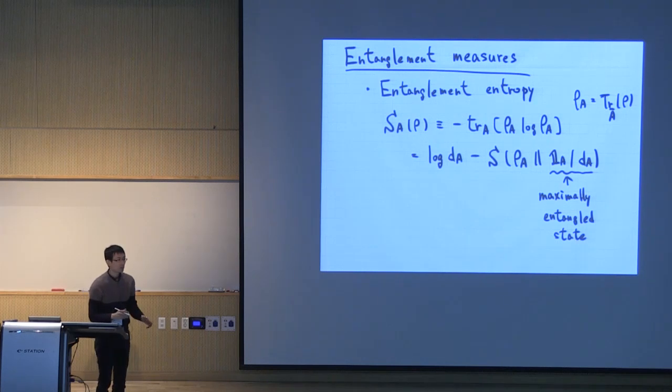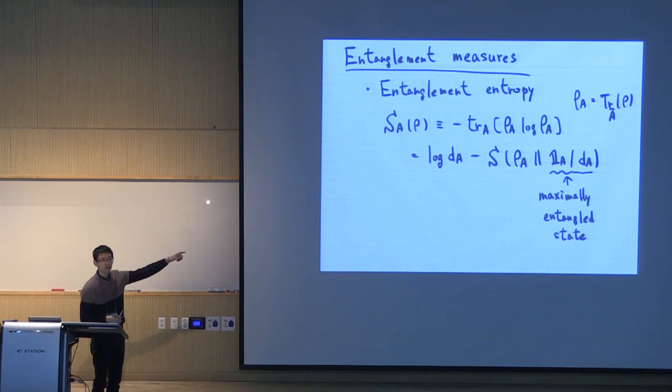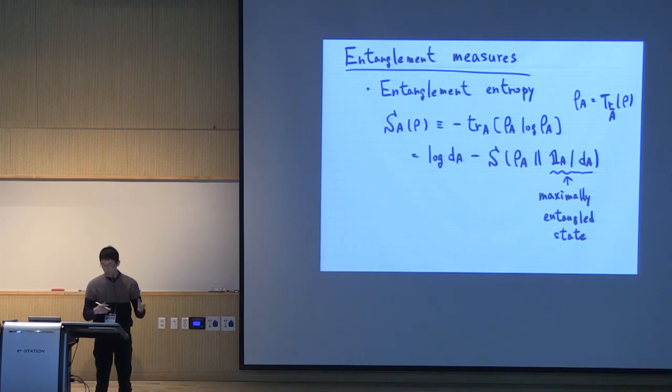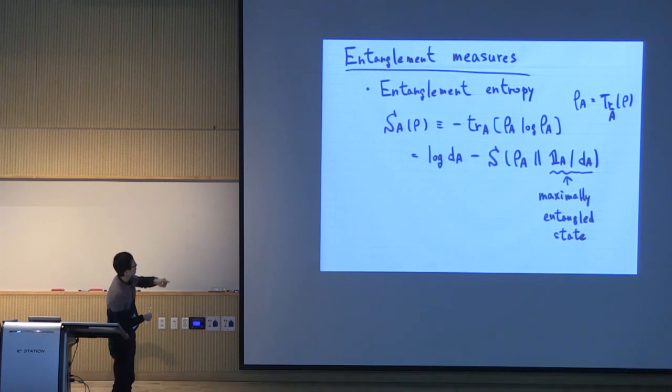If you remember the partial ordering from yesterday, this distribution is the leftmost of the partial order, which means it is the most entangled state. So basically you compare the maximally entangled state to the given state, and minus the difference is given by the entanglement entropy.